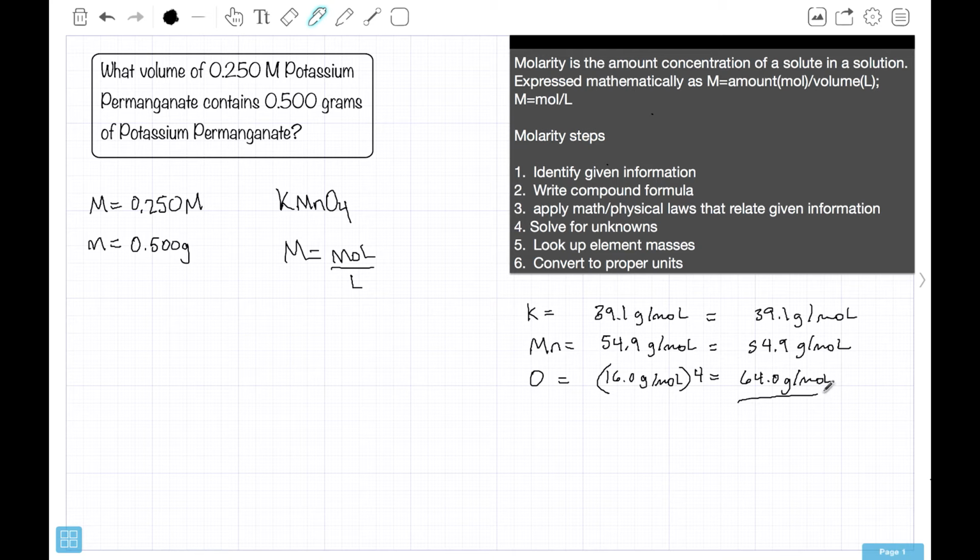Okay, and I'm going to sum everything together so that I have the total mass of potassium permanganate. And that comes out to be 158 grams per mole. So now we know the relationship of grams and moles for potassium permanganate, and we can go ahead and convert. So we have 0.5 grams, and I'm going to put that over 1.